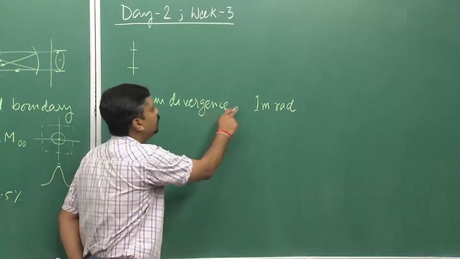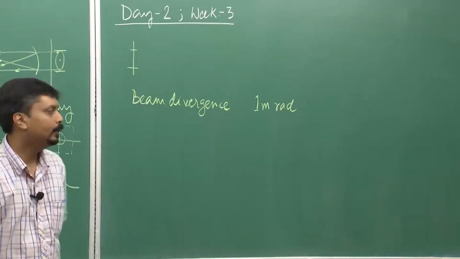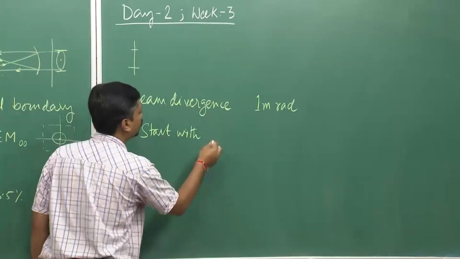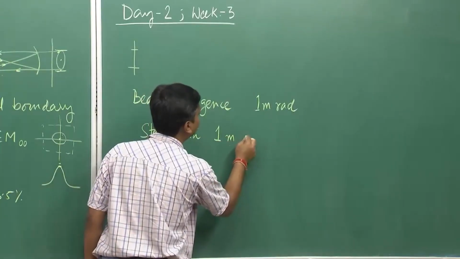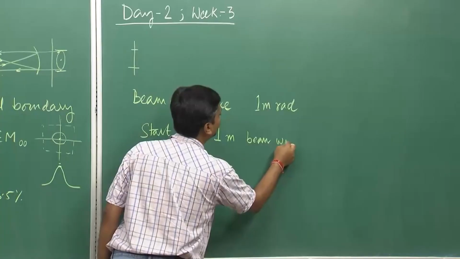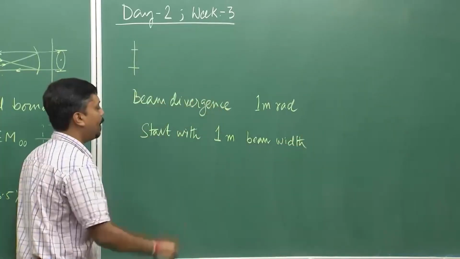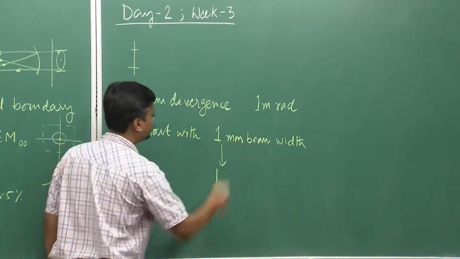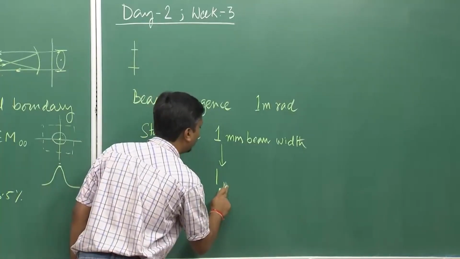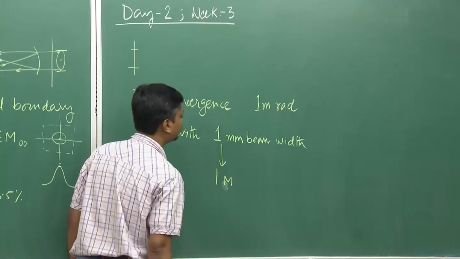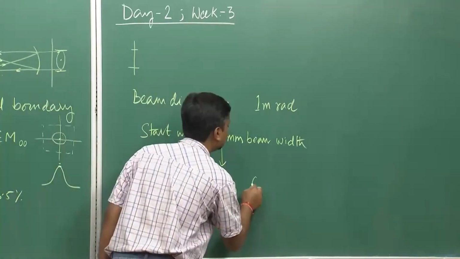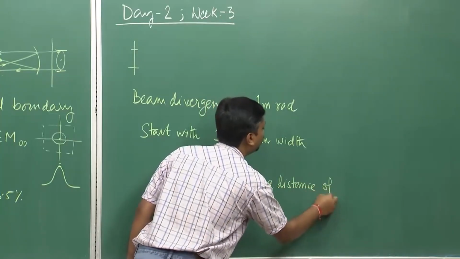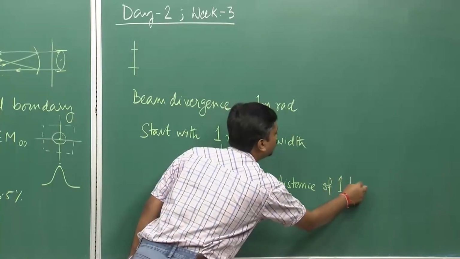When I say a beam has a divergence of 1 millirad, what does that mean? That means if I start with a beam width of 1 mm, it will appear to be 1 meter at a distance of 1 kilometer.